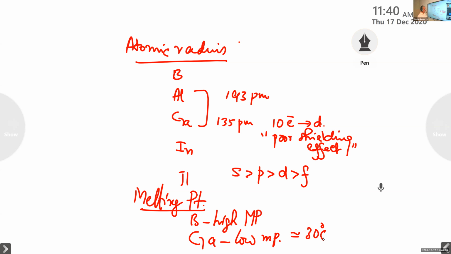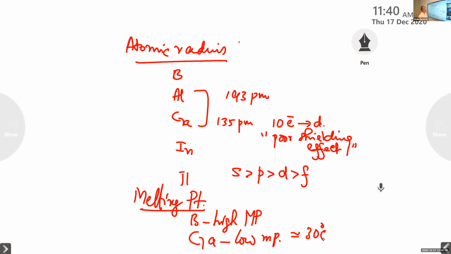If a piece of gallium is kept on your palm, what happens? We know our body temperature is 37 degrees Celsius, but the melting point of gallium is only 30 degrees Celsius. So what happens when a piece of gallium is kept on your palm?